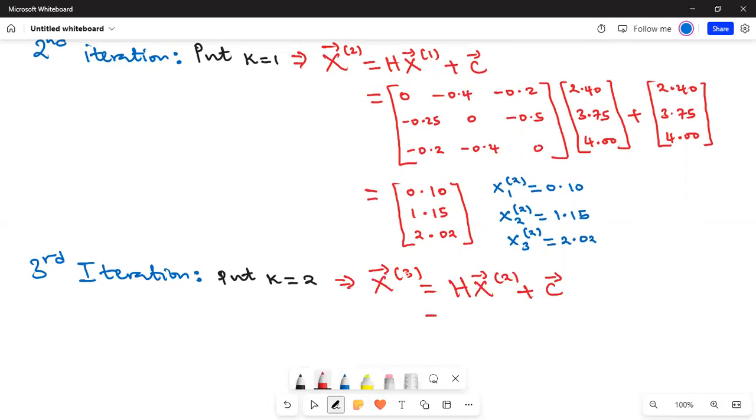When you substitute those values on the right hand side and you multiply, this is what you need to get. Of course, now we are going to use x vector at level 2. H, we know it, and c, we also know it. I don't need to write everything because you can substitute and multiply. This will give you this column vector. You'll need to get 1.536, 2.715, 3.520.